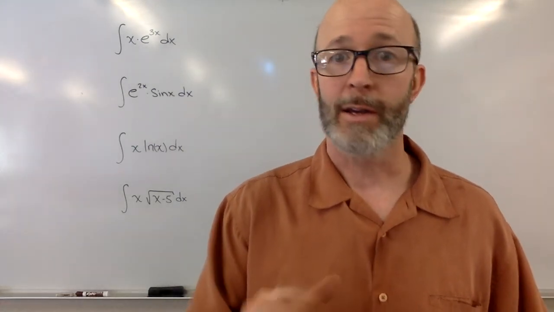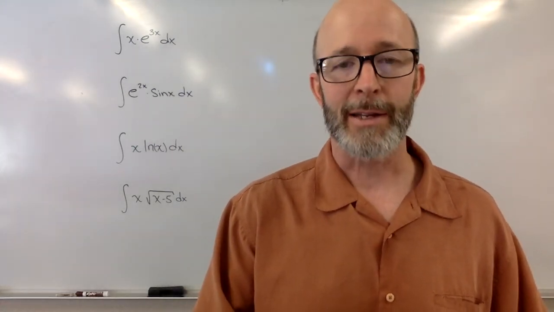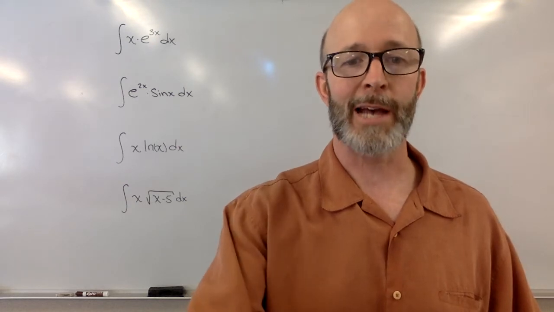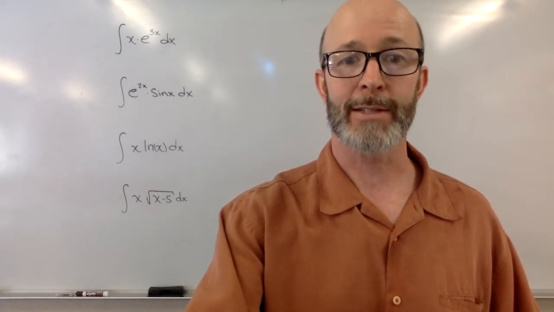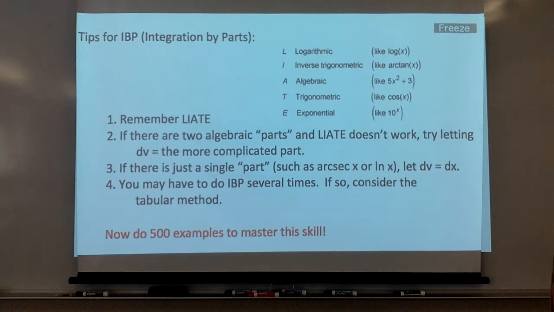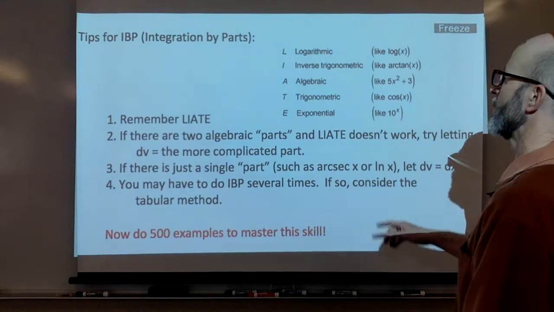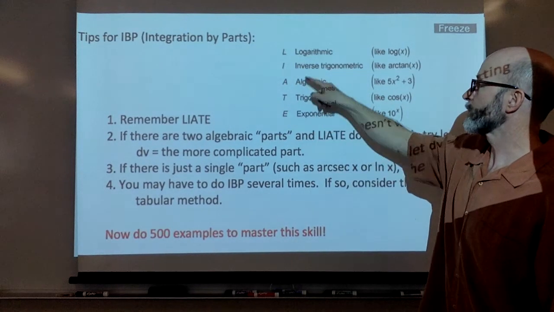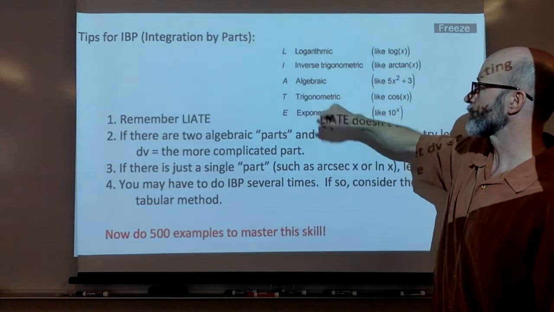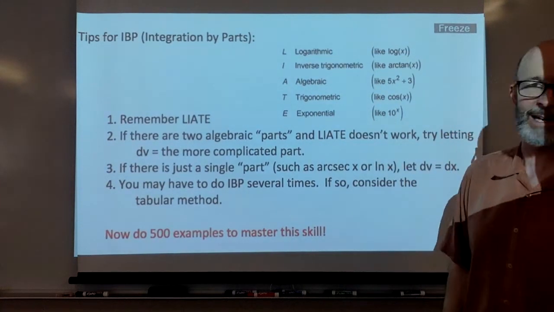So this is where, not only am I going to show you how to do this, but this is where it really helps to remember the phrase LIATE, which is actually also on your notes. Remember, topics section, chapter 8 on the portal. LIATE stands for logarithmic, inverse trig, algebraic, trig, and exponential.